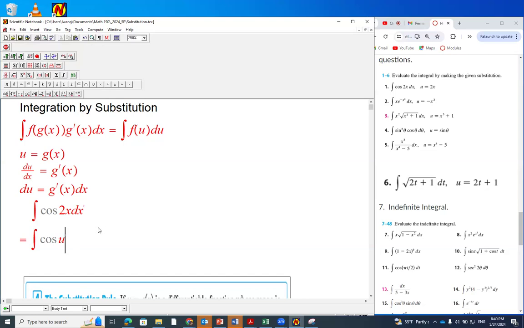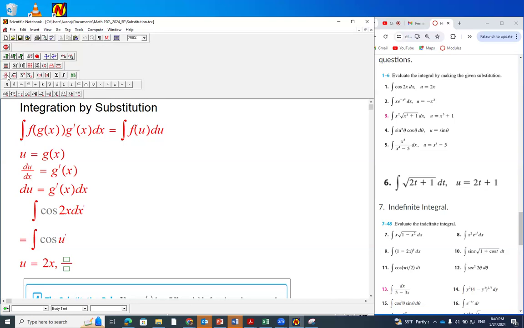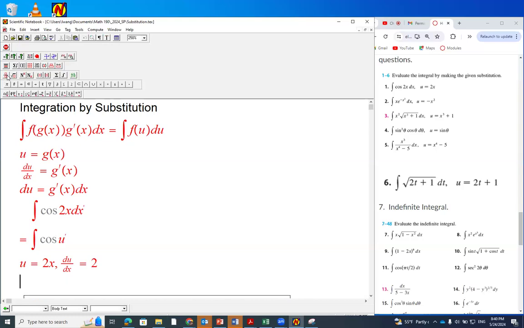Okay, let me write it down. Because u is equal to 2x, du over dx equals 2. So du equals 2 times dx.